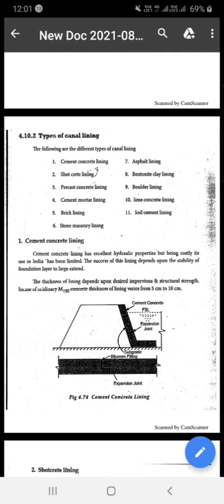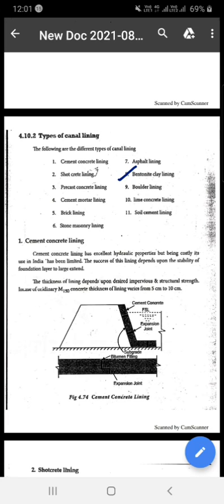Brick lining, where bricks are used. Stone masonry lining, where stones are used. Asphalt lining, where asphalt is used, a component of bitumen. Bentonite clay lining, bentonite is a type of clay. It shows a behavior of sticking, so bentonite clay has very good plasticity.